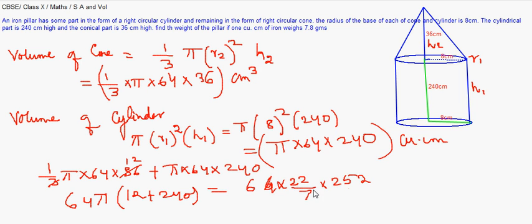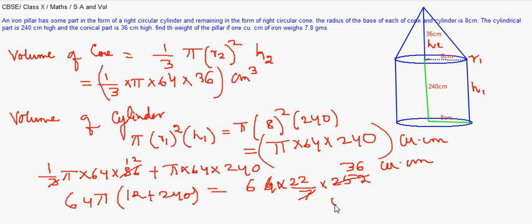I think this is getting cancelled, as 36. Now this is in cubic centimeter. To find the weight of the pillar, we have to convert this by multiplying it with 7.8, because one cubic centimeter is 7.8 grams.